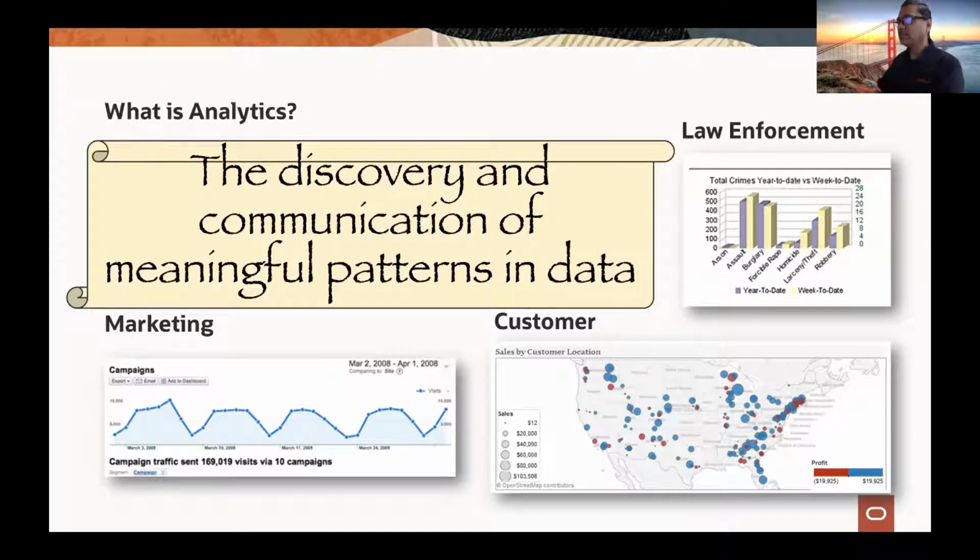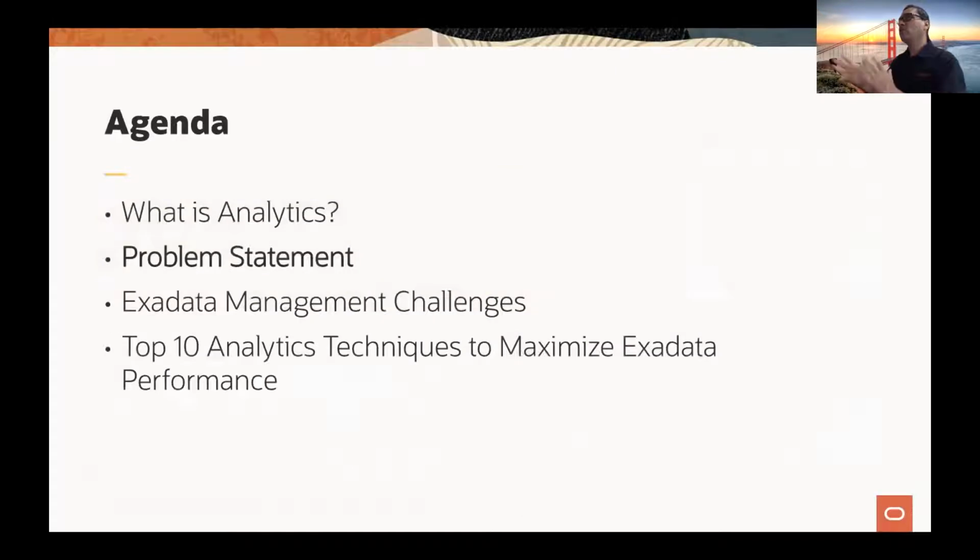So those are some of the examples of what is analytics in the simplest form. So that's exactly what we are going to do when I talk about Exadata performance. So in your data, what kind of patterns I see, that's my goal here.